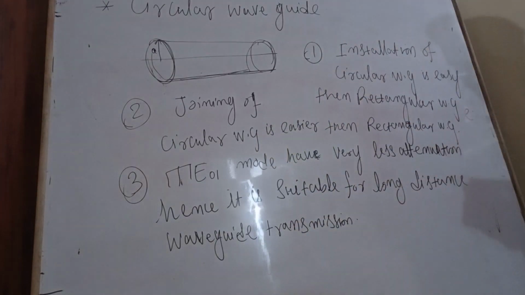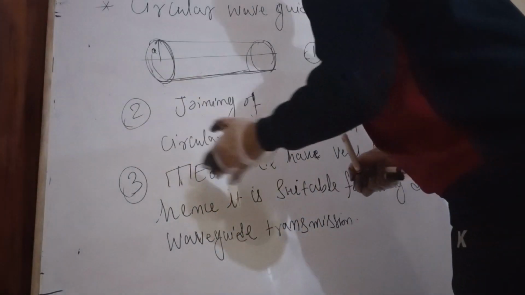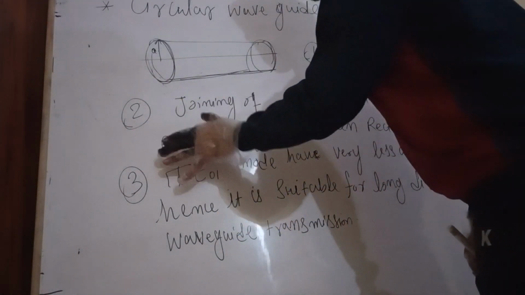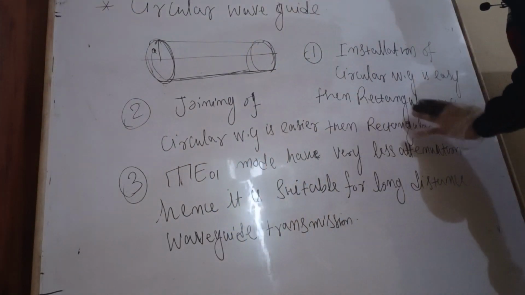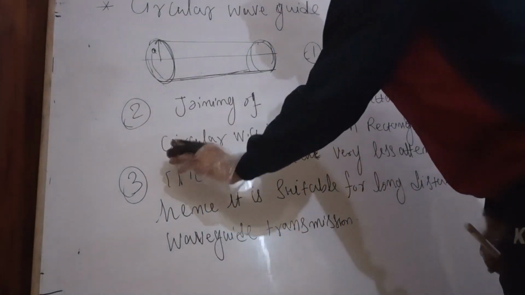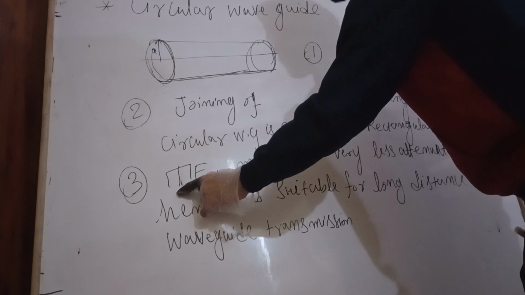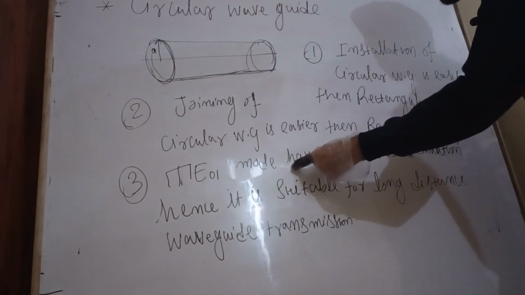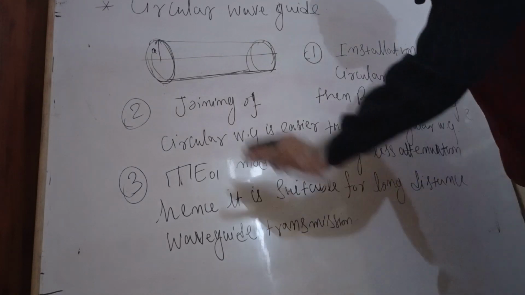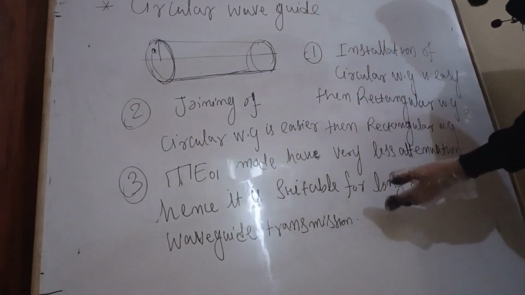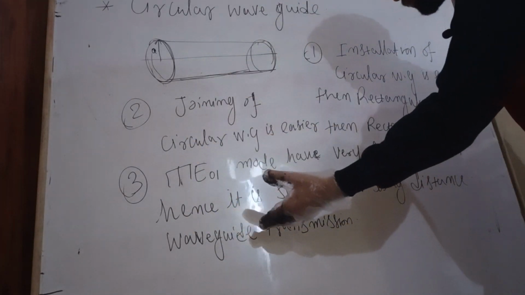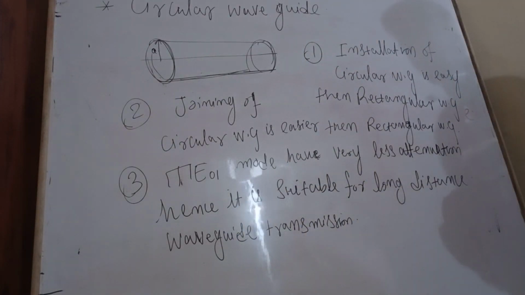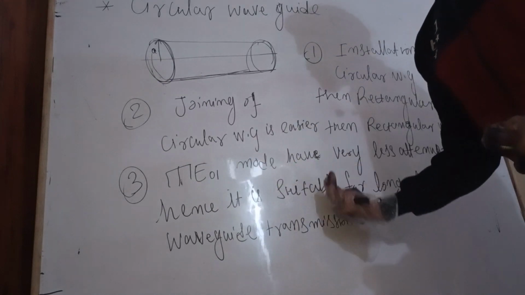So these are some advantages. First, installation of circular waveguide is very easy. Joining is also easier than rectangular waveguide. And third, the particular TE01 mode in circular waveguide has very little attenuation, so it is suitable for long distance waveguide transmission.